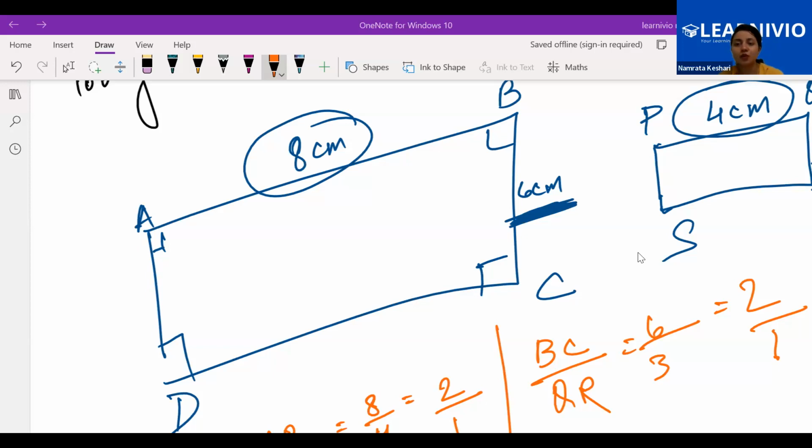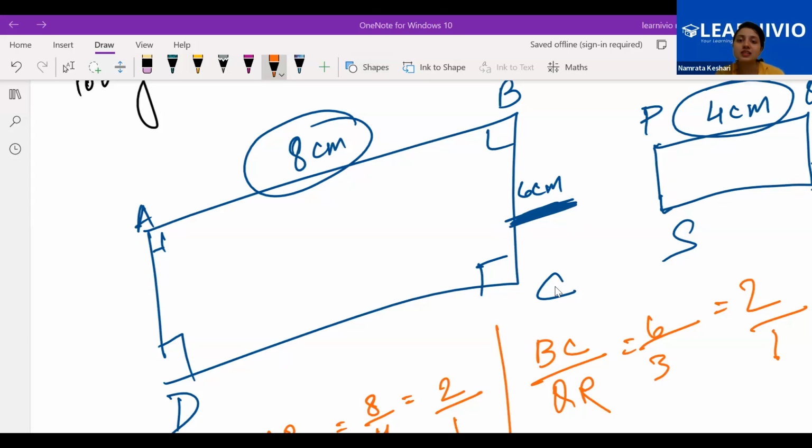Are you understanding what we are talking about? What is the length of CD over here? If I am drawing a rectangle ABCD where AB is 8 centimeter, BC is 6 centimeter, what will be CD? Don't know? It's a rectangle. Again and again, I am pointing out that it's a rectangle.